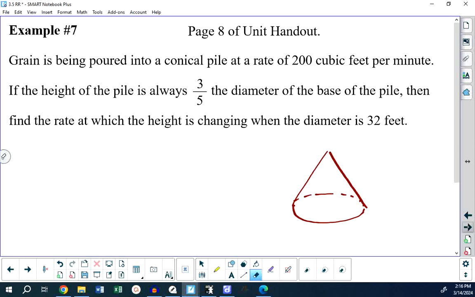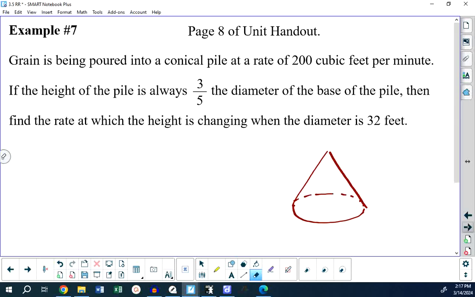It turns out that there's this set of data you can look up in many references. It's called a granular consistency. And it turns out within certain boundaries that when you dump grains, something that's granular, like salt or wheat, in a pile, it will form the shape of a cone, but based on the granular consistency, the ratio of the height to the diameter is always going to be the same. I don't mean the height and the diameter are always equal.